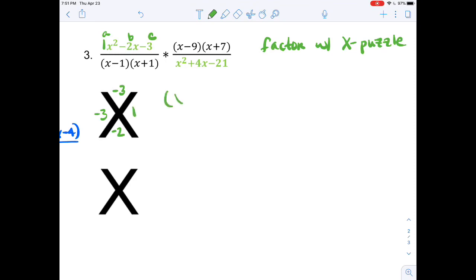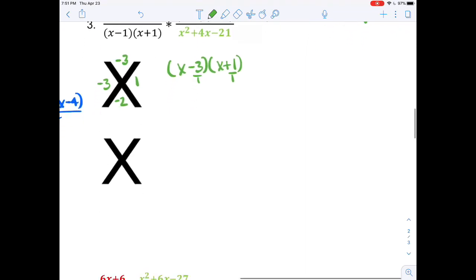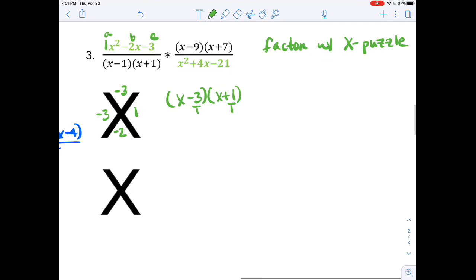So our factors are x minus 3 and x plus 1 over our A value that we would divide by, but dividing something by 1 doesn't change it. Let's look at our second one, and again to identify A, B, and C. And so I'm going to have -21 and 4, which means I need a +7, the bigger number, and a -3 to multiply to be -21 and add to be +4.